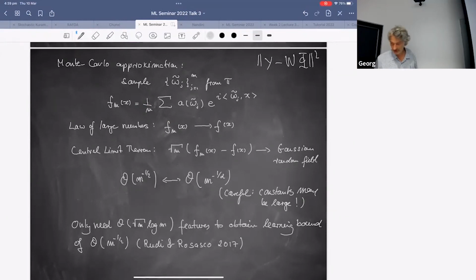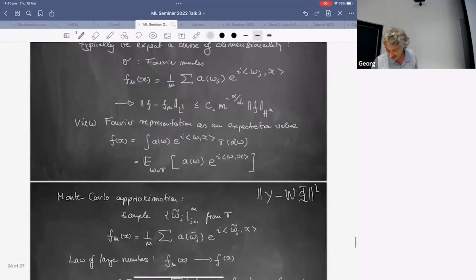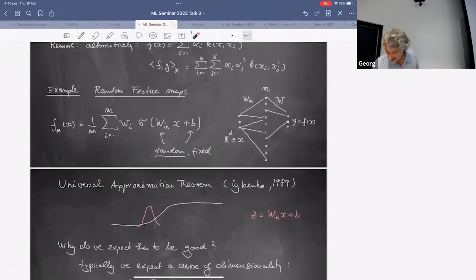So here you would choose the A's, right? You find the linear coefficients that work the best. And M is typically very large, right? So M is much, much larger than D. So it looks like a one-layer neural network, but the features are fixed. We do not optimize.